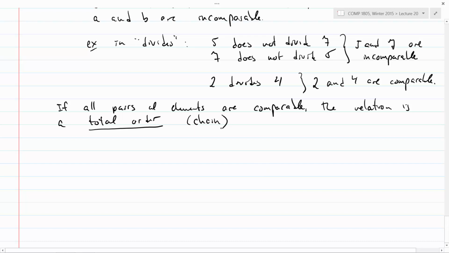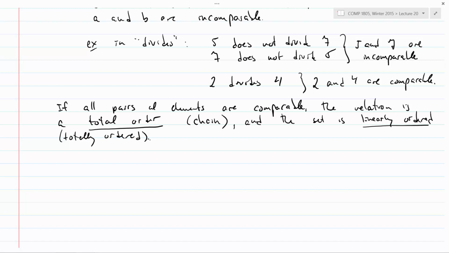And we say that the set itself is linearly ordered. And we also call the set totally ordered. So there's lots of other names for a lot of these things. I don't know why it is that way, but it is. All right, so that's what partial orders are all about.